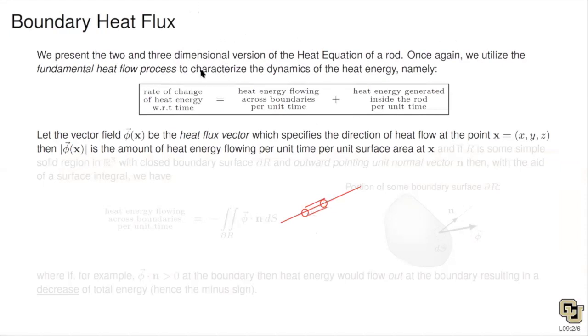So how about a two-dimensional version? We draw this a little bigger: we'd have a rod like this, where you could move along the x-axis up and down the rod, and then you could move left and right. That would be the two-dimensional version.